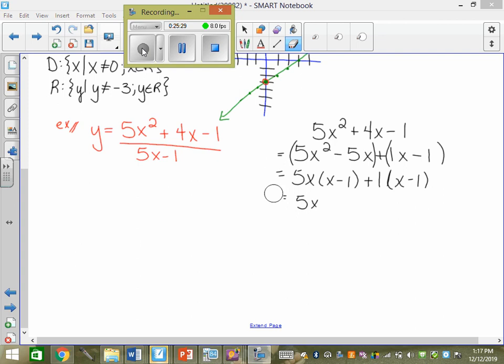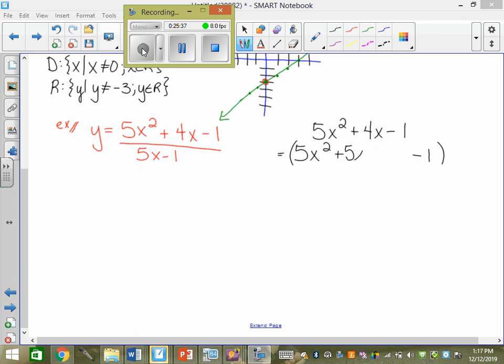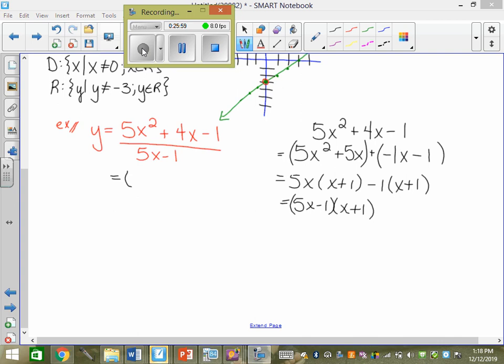What did I do? Oh, it's a plus 5. Darn it. Plus 5x. I knew it needed to be 5x minus 1 so they would cancel. And then plus negative 1x. Okay. Take out a 5x, you're left with x plus 1. Take out a negative 1, there we go. x plus 1. 5x minus 1, x plus 1. And I know I needed a 5x minus 1 because I needed that to go away, right? So I get 5x minus 1, x plus 1 over 5x minus 1.